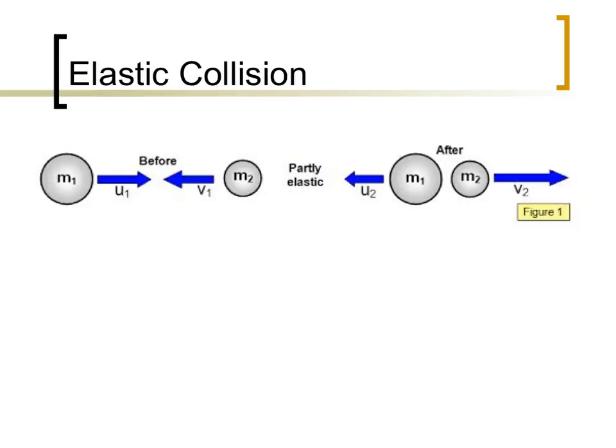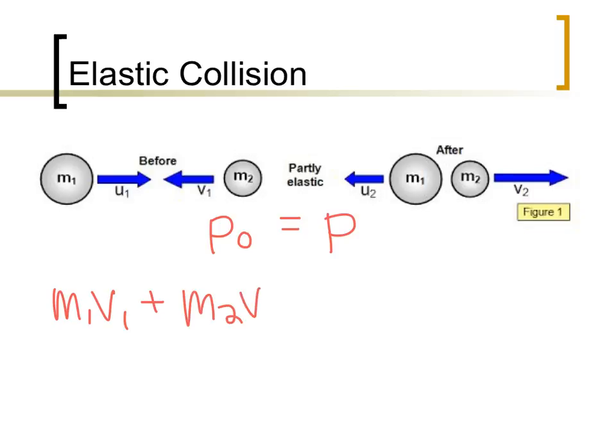For elastic collisions, it's going to look similar, but a little bit different. Our initial momentum is equal to our final momentum. Let's put in our M's and V's. So we have M1 and V1 plus M2 and V2. When you're doing this equation, you really need to look at the signs.